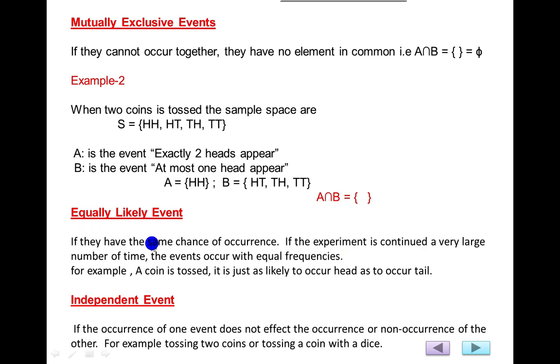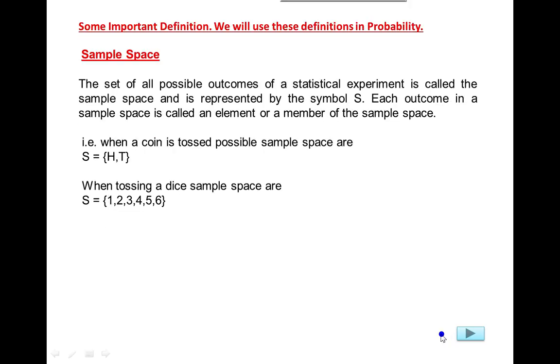So if they have the same chance of occurrence, for example, if you throw a coin, both have equal chance, 50-50%. In equal chances of occurrence, 1 upon 6, 1 upon 6, 1 upon 6, the total will be equal to 1 if you add all the 1 upon 6 terms. 1 upon 2 plus 1 upon 2 will be equal to 1.